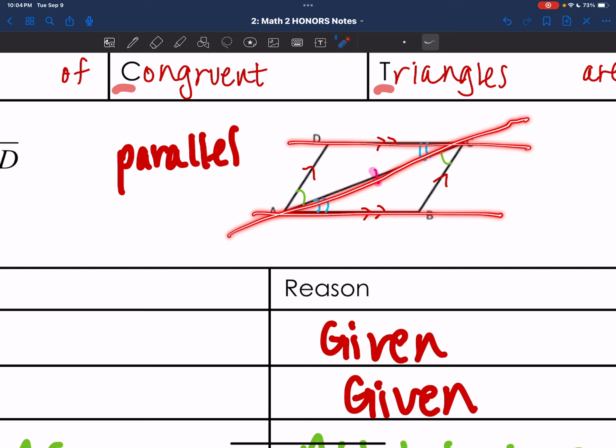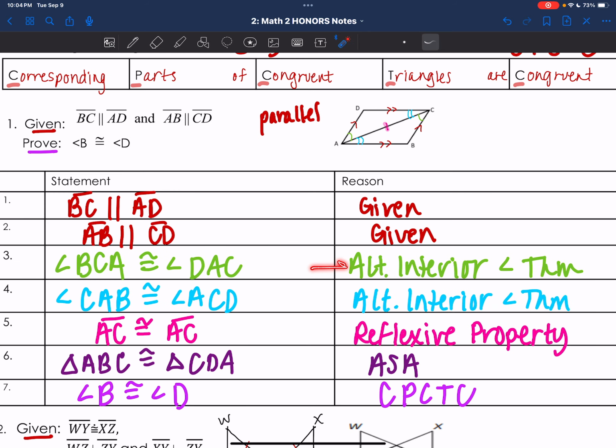So when you look at that, these are alternate interior angles. So that's my reason: the alternate interior angle theorem, because we continued the parallel lines out and we made a transversal there. So this one is congruent to that because they're on opposite sides of the transversal.